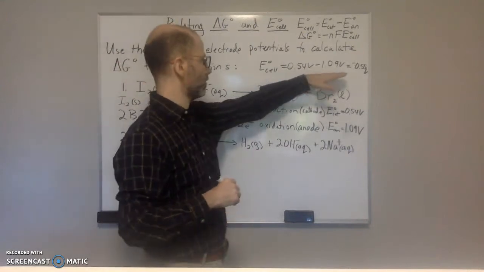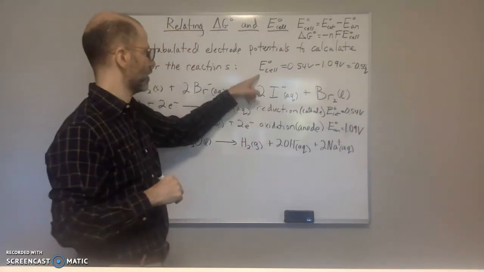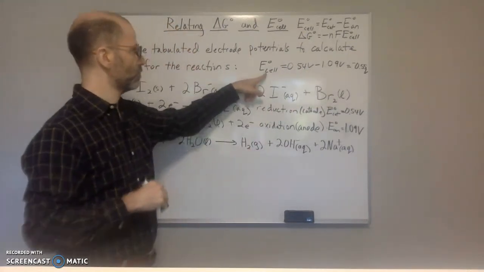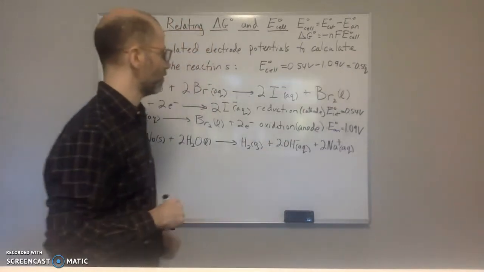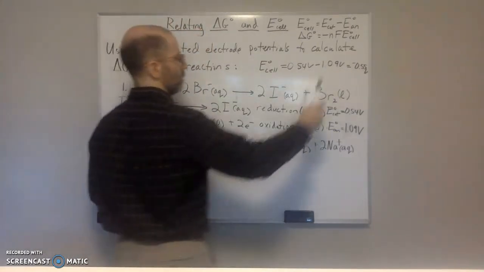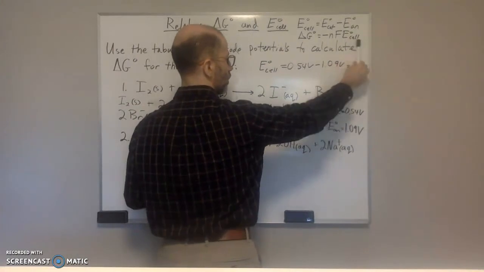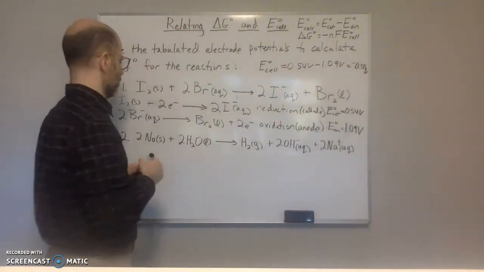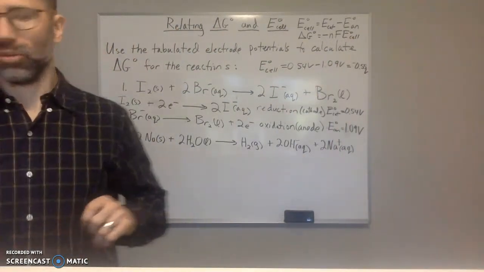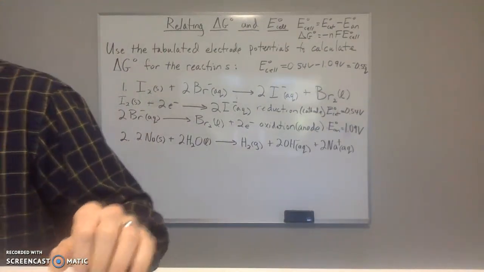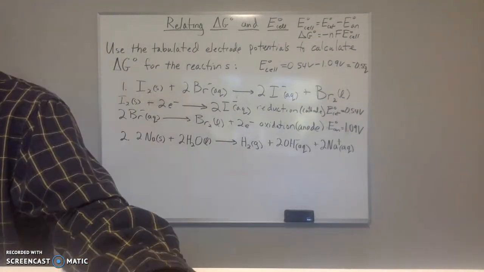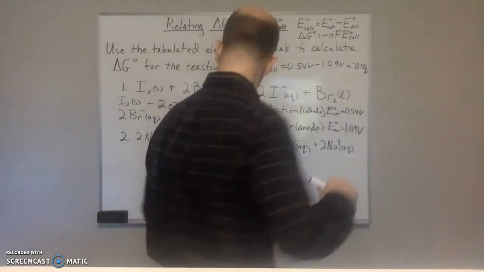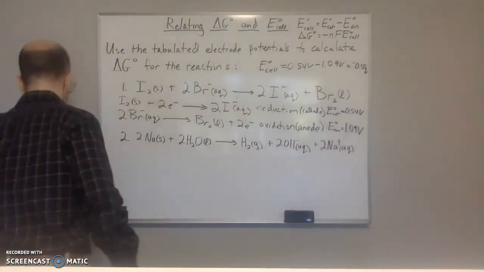Now we have the electropotential of the cell, negative 0.55 volts. Now we can plug that into our equation here.